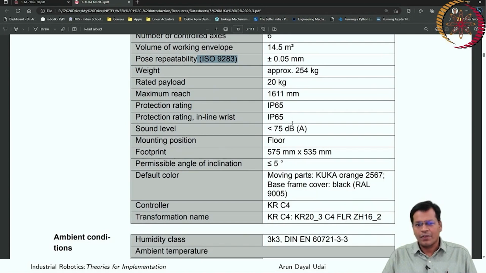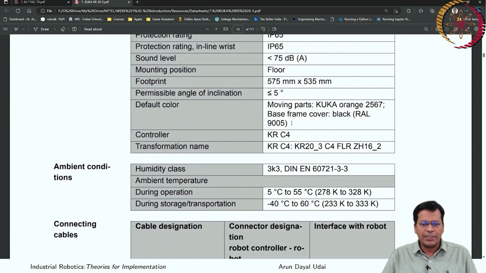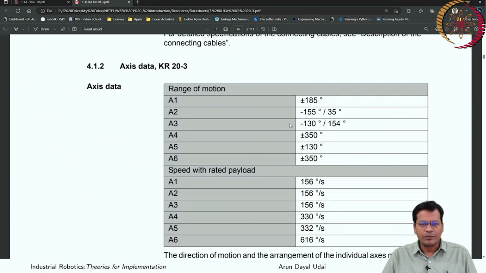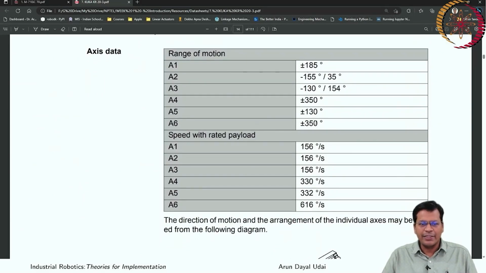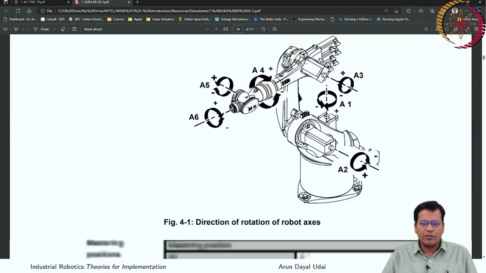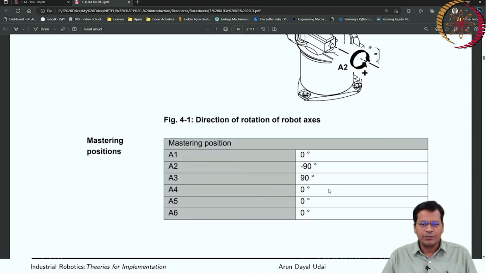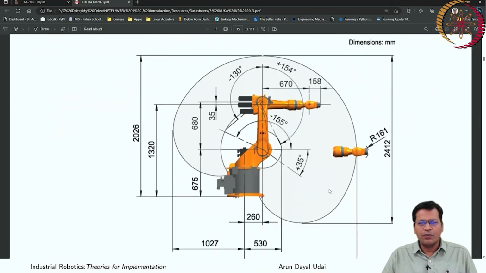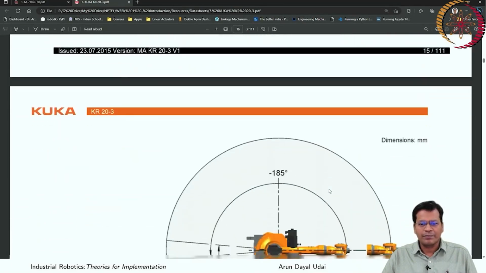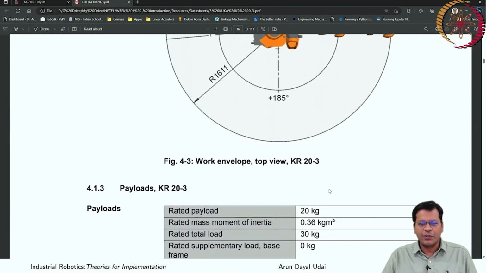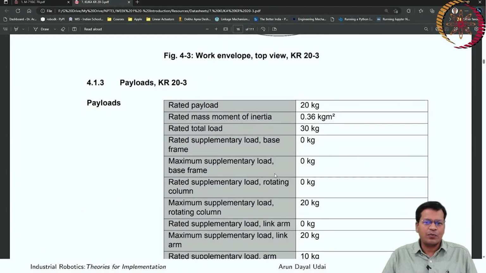Weight, got it? All similar parameters are here. Axis ranges and their angular velocity, right? This is the axis data, plus minus, and the direction. You see the working envelope, how it can go, where it can go, and the payload for a different class altogether.